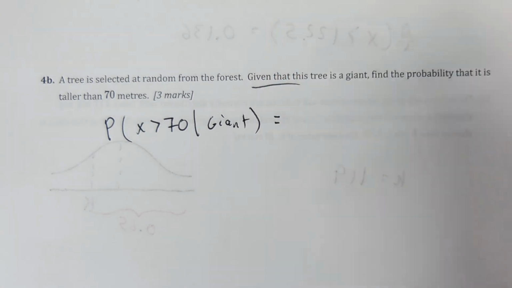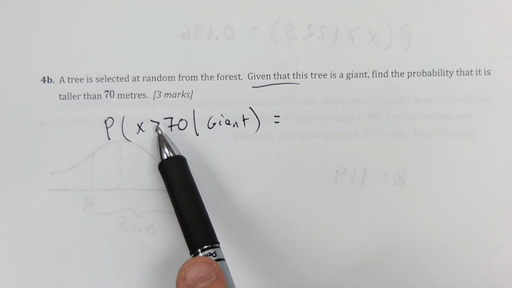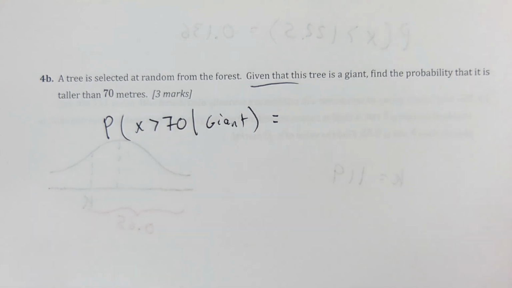It's only 3 marks. Let me ask you a question. Giants are classified as anything greater than 60, right? So what would be the point of me saying the probability that it's greater than 70 and is giant? It's a moot point.